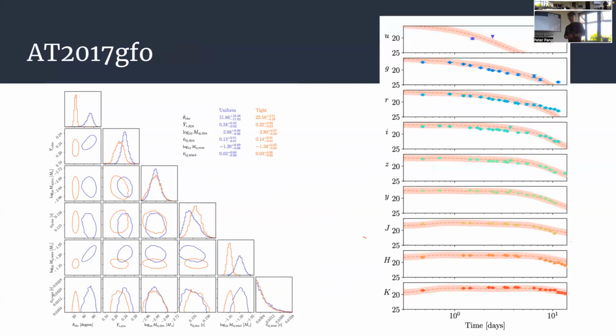One example is the kilonova AT2017gfo. On the right side, all these colored dots are the photometric AB magnitudes of the different filters, the different bands, for AT2017gfo. And this band here is a best-fit light curve, and by doing this Bayesian analysis we can get a sense that the light curve can explain the data in some sense.